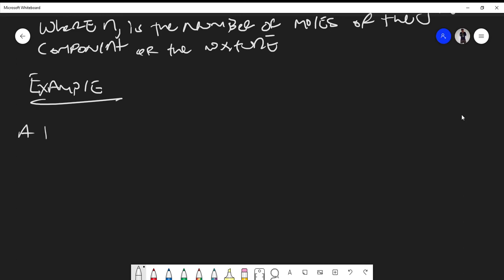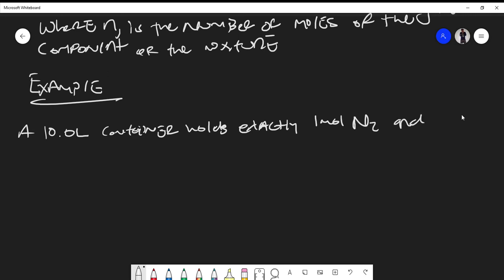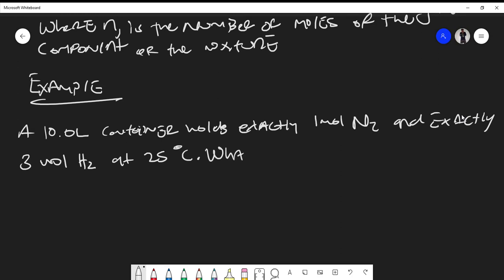Let's say that we have a 10.0 liter container, and it holds exactly 1 mole of N2 and exactly 3 moles of H2, hydrogen gas, at 25 degrees C. The question is, what is the total pressure in the vessel?